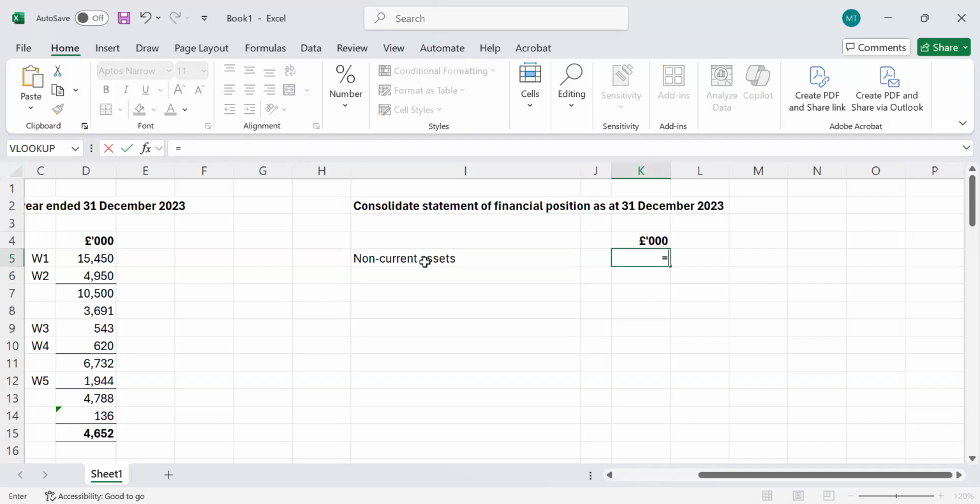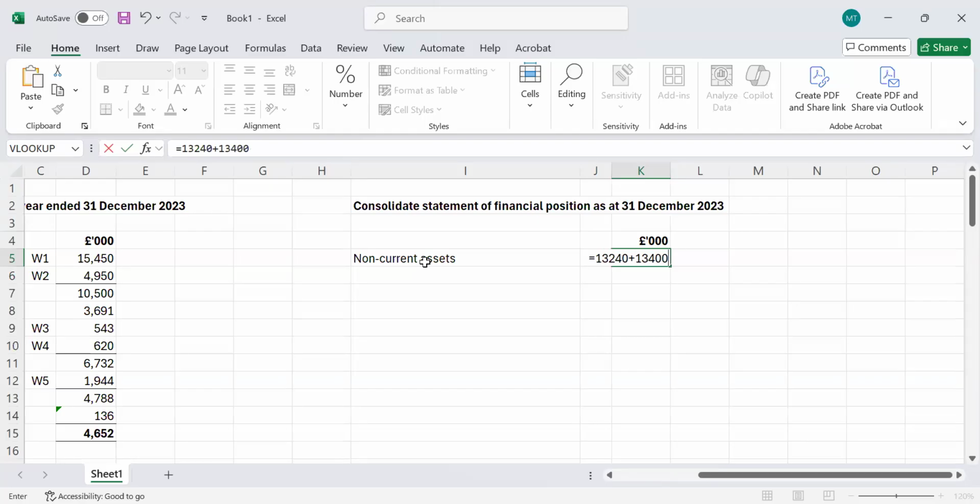Parent's non-current assets are worth 13.24 million, 13,240. Plus the subsidiary's, we have been told in note 1, the fair value of non-current assets is 13.4.